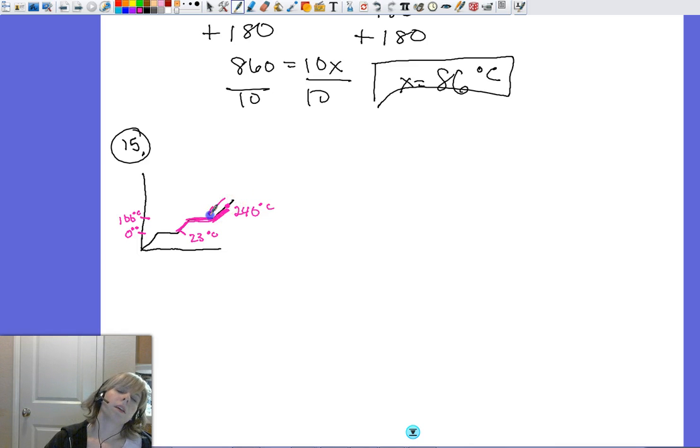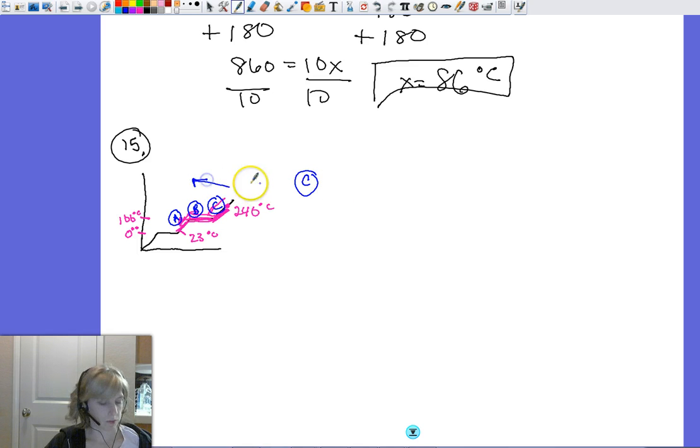We're going to condense it and then go all the way through our condensing phase, and we're going to start cooling it in its liquid phase. Now that we have that drawn, we're going to look at each section. So I'm going to label the sections here. I have A, B, C. I'm actually going to start with C first because we're going this direction.